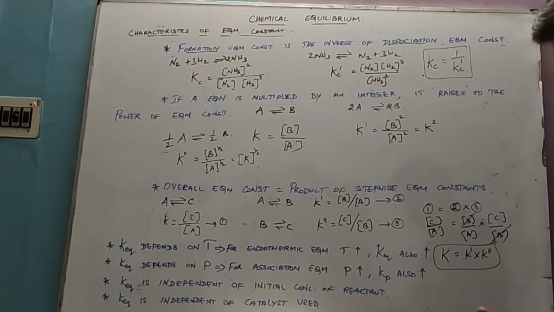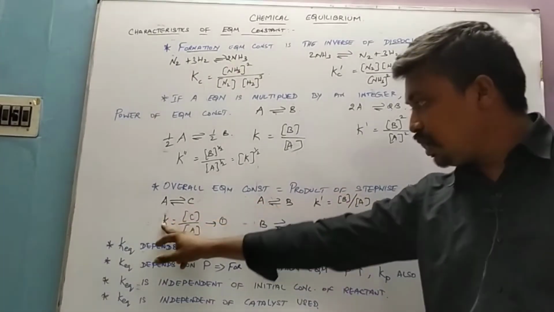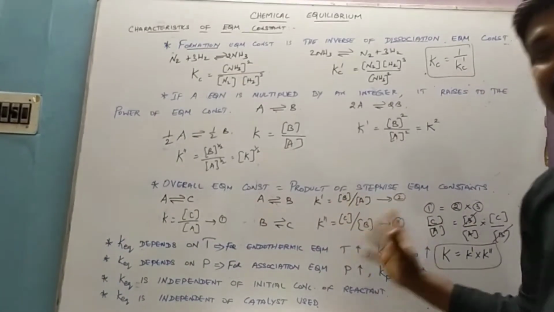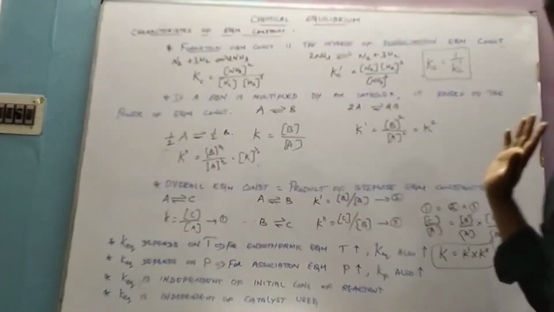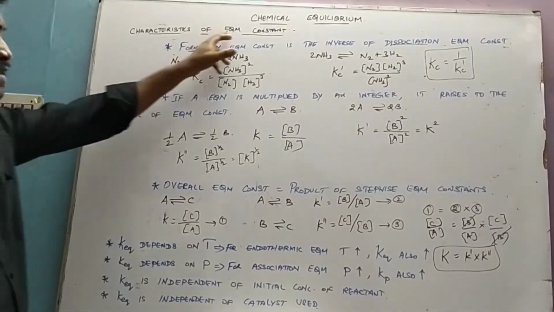When we can write a reaction in two or more steps, the overall equilibrium constant K is equal to the product of the individual stepwise equilibrium constants.